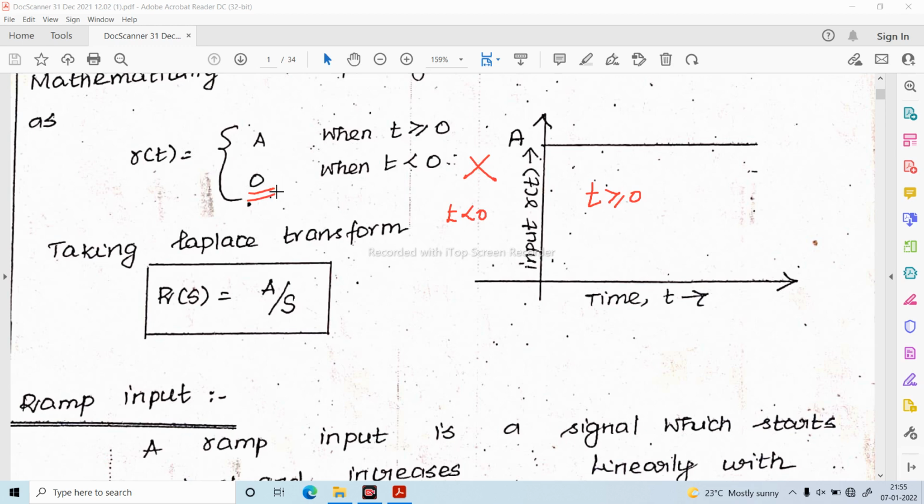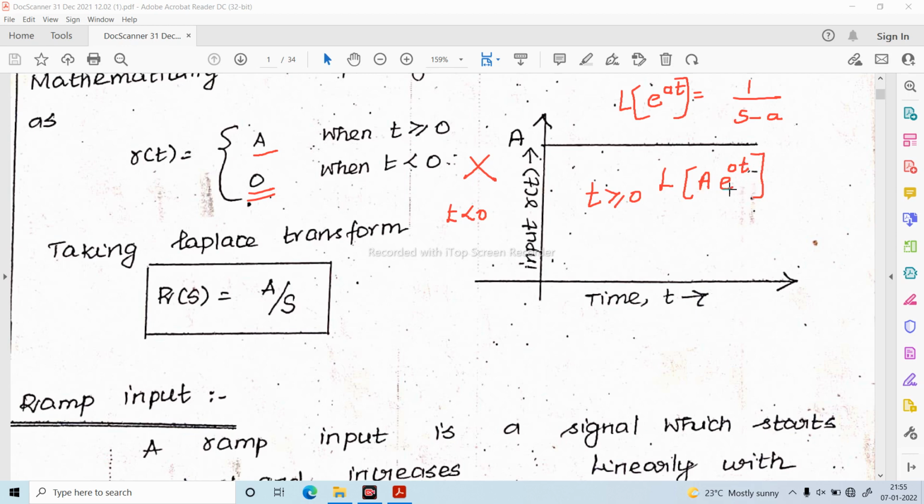Next we are going to see how to find the Laplace transformation of A. Here, what is the Laplace transformation of e power at? L of e power at is equal to 1 by s minus a. Here only the constant is given, so I have to multiply the constant with e power 0t.